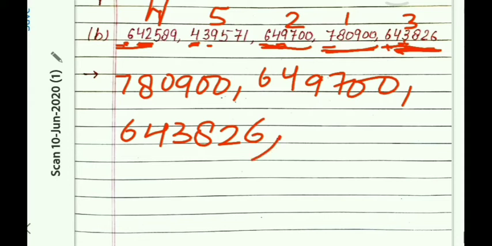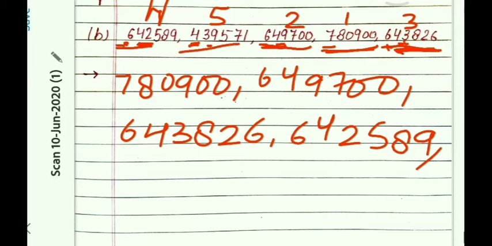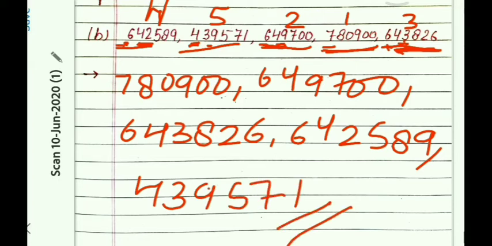Then put a comma here. Fourth one is coming 6,42,589. Then here also put a comma. Last number, what is left? Fifth one, you can see here 4,39,571. Got it?